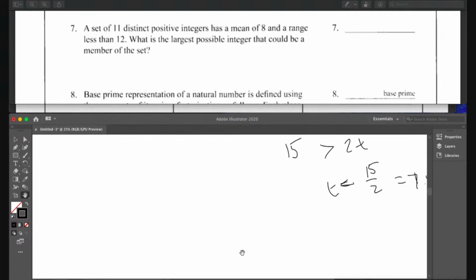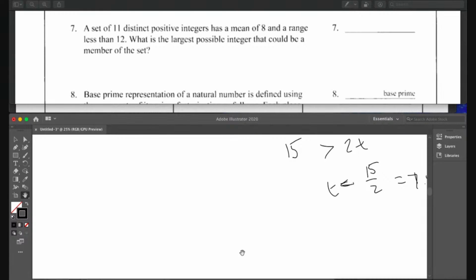Well, first we're probably going to want the range to be as large as possible.